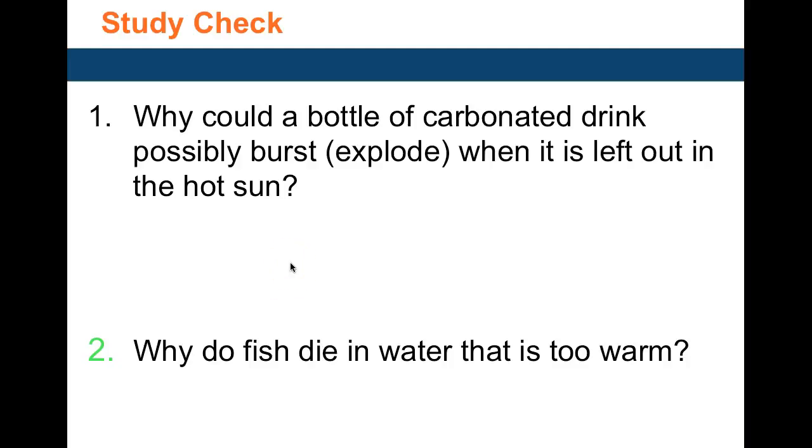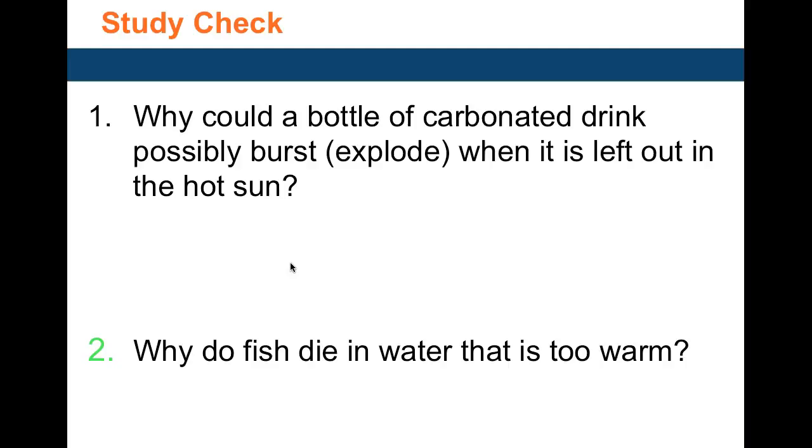So, why could a bottle of carbonated drink possibly burst when it is left out in the hot sun? Well, there's dissolved gas in the carbonated drink, carbon dioxide. Now, as the liquid gets hotter, there's going to be less carbon dioxide dissolved in the liquid.